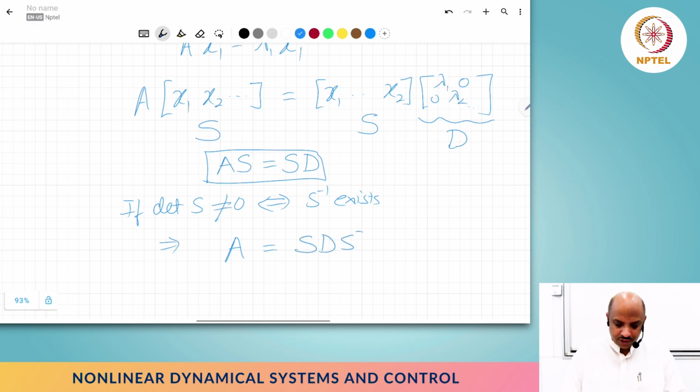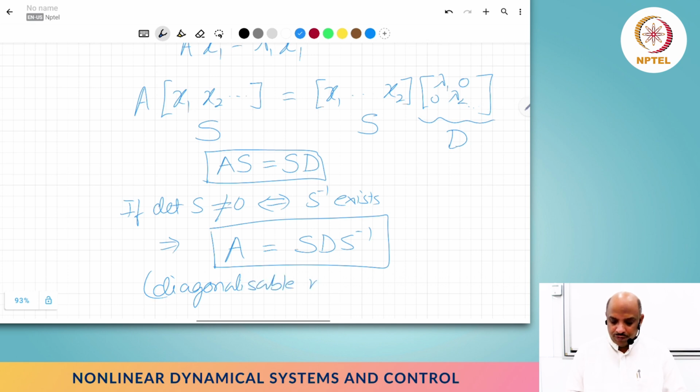Such matrices are called diagonalizable matrices. So if you have a diagonalizable matrix, you can always write it as S D S inverse, and there are large classes of matrices where this can be guaranteed: symmetric matrices, for example, and matrices that have all distinct eigenvalues and so on. There are a bunch of classes.